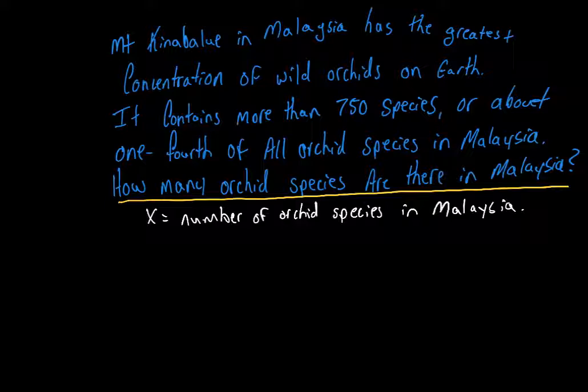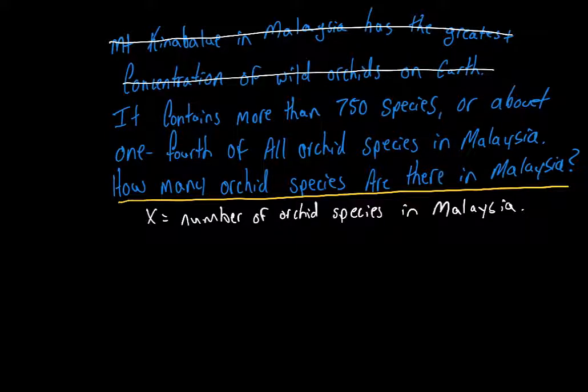Next thing I would have done is go through and look for numbers or information that was important that would help me solve the problem. When I go through that, I read the first sentence: Mount Kinabalu in Malaysia has the greatest concentration of wild orchids on Earth. To be honest, that's just filler. That's a nice little fact. There's no numbers, there's no words in there that are going to help us solve this problem. So I'm going to get rid of that.